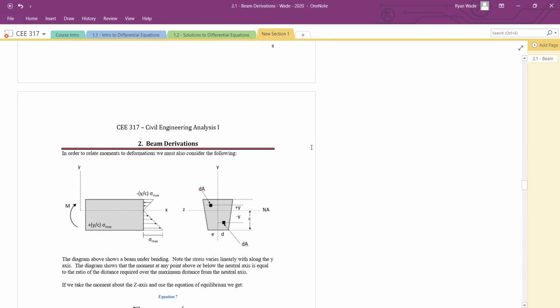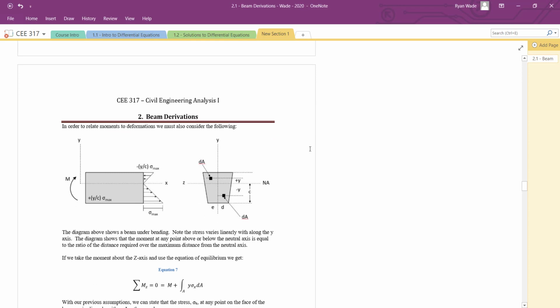If we also look at a beam of any given cross section, it doesn't matter what that cross section looks like, we know from strength of materials that the stress varies linearly with the distance from the neutral axis, where you have maximum stresses at the extreme top and bottom fibers, either in tension or compression based on how we're loading.